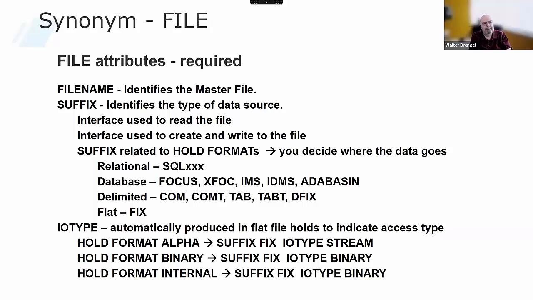But if I do hold format binary, I'm going to see the data, and if I have any numeric data, I might not be able to read it. But you will see one big long record. So instead of having each record on its own line, we just append the data to the end of the first line. So it's just one big long line. And that's the difference between IO type stream and IO type binary. Again, normally you don't have to specify that, but you will see it if you do an on-table hold.